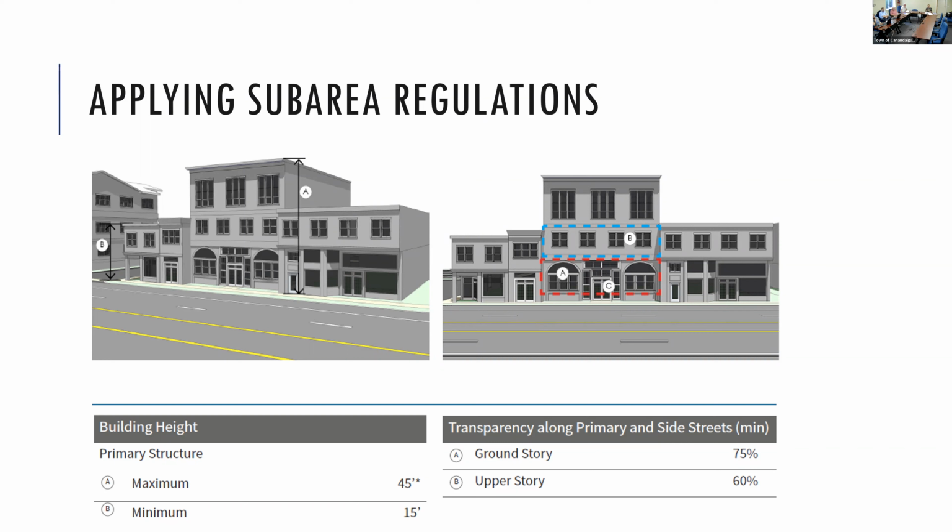This is just showing an example of building height minimums and maximums, and then required transparency minimum. So your checklist is going to say, is this building under 45 feet, right? Does the ground floor have 75% transparency? Yes or no, right? It's a very simple yes or no question.